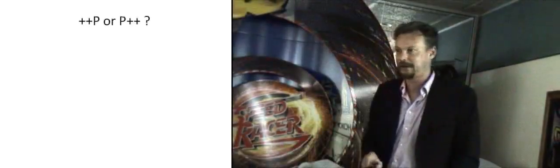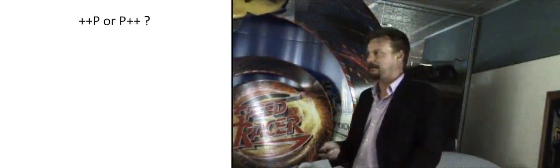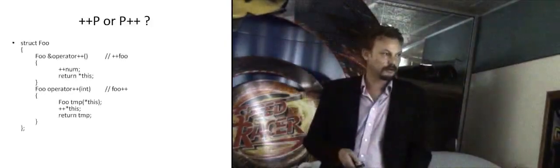Plus plus P or P plus plus. There is a difference. We all know what the differences are, right? This is just to make the case that you should always use plus plus P, unless you've got a good reason not to.